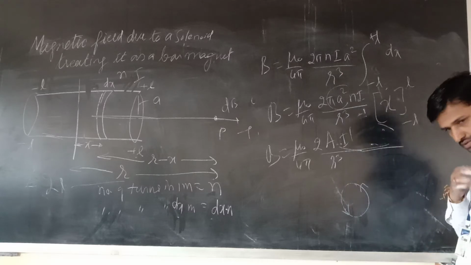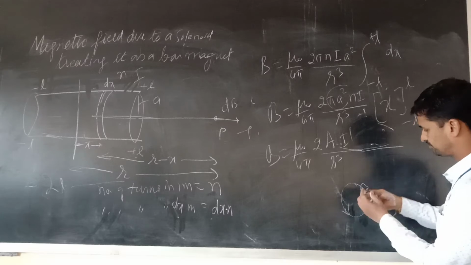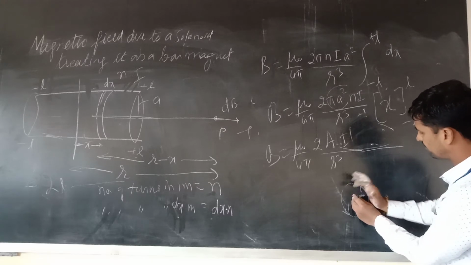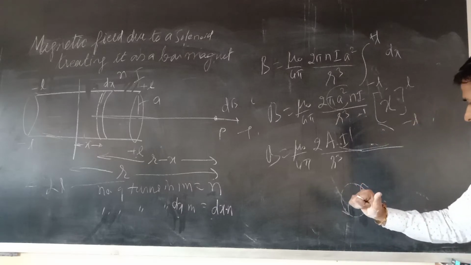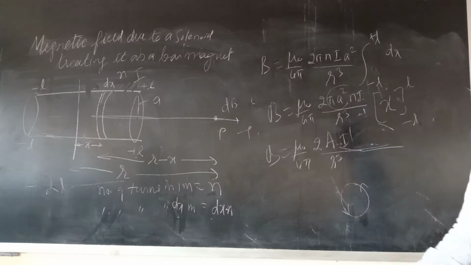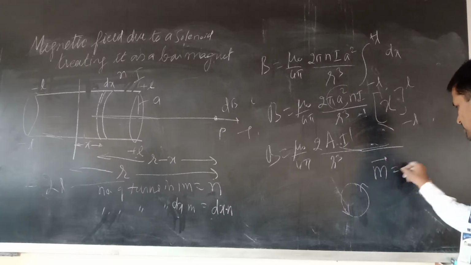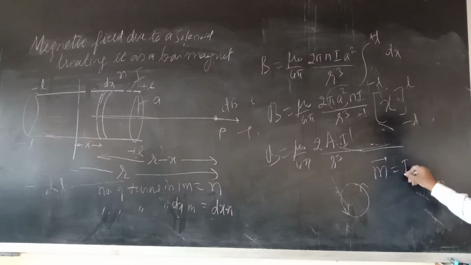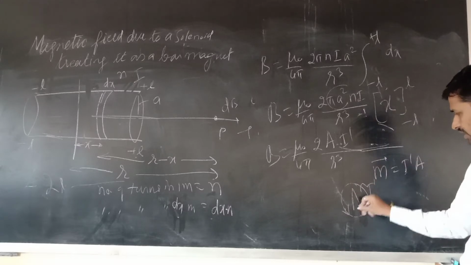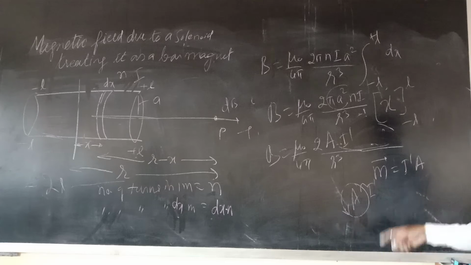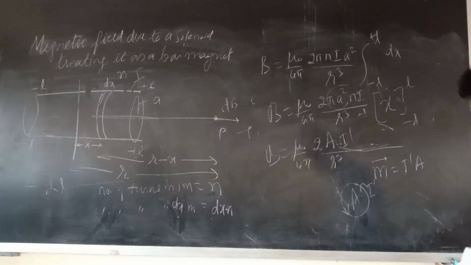Hold the axis of rotation in your right hand: fingers indicate, children, the current, and the thumb indicates the magnetic moment and magnetic field also. Magnetic moment is given by current into area vector. Current into area gives magnetic moment. So, current into area is called, children, what is it called?